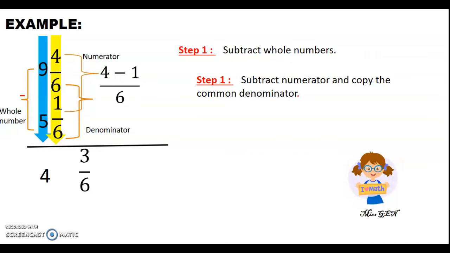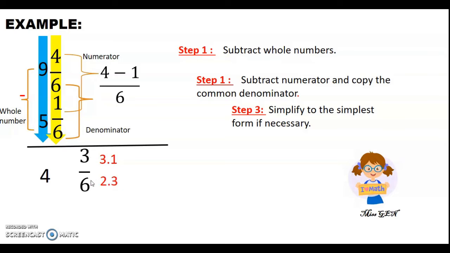But we have to simplify our answer, and this will be our step 3. Simplify your answer to the simplest form if necessary. As you notice, our 3 over 6 can be simplified. So how to simplify it? Please watch my previous video on how to simplify fractions. The factors of 3 are 3 and 1, and the factors of 6 are 2 and 3.